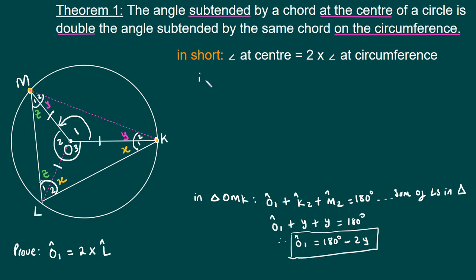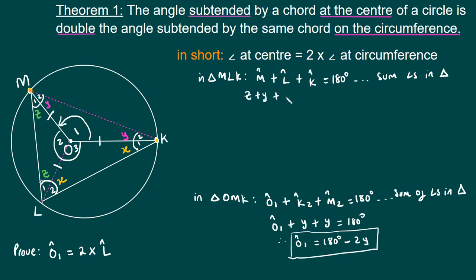So you're going to say in triangle MLK, angle M plus angle L plus angle K. Remember, M is the whole angle, L is the whole angle, K is the whole angle. They must also give us 180 degrees. Why? Because these are the sum of angles in a triangle. So angle M is going to be z plus y.